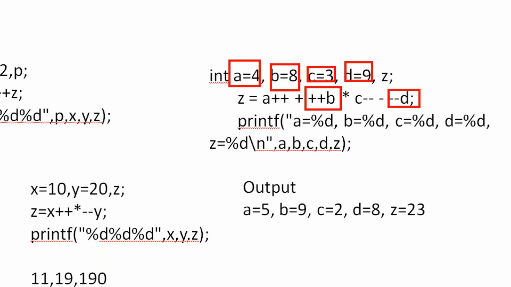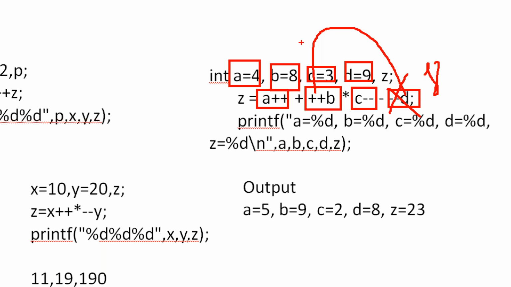Is there any pre increment? Yes, ++b means 9. After that it is 4. And next, c is a post decrement, so now it is 3. After it is simplified, you will get the values like this: a will be 5, b is 9, c 2, d 8 and z 23. So first all the pre operators are simplified here. --d is 8.